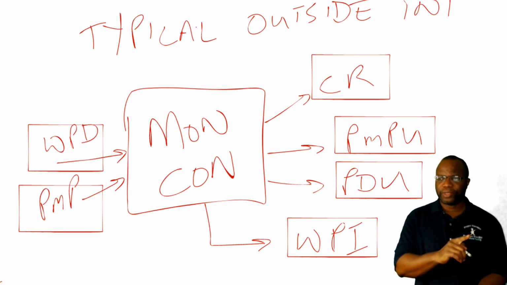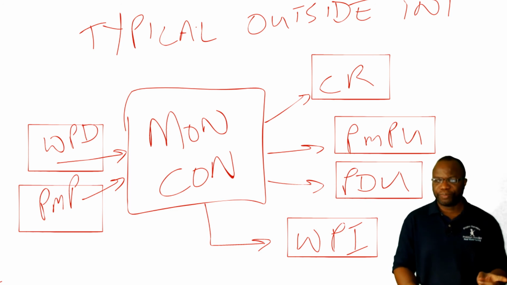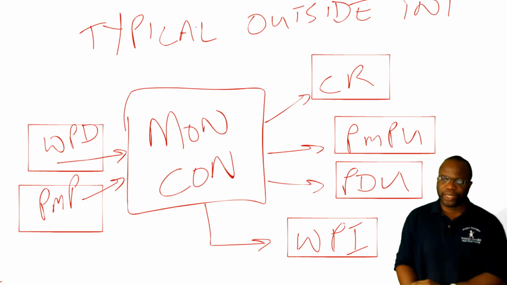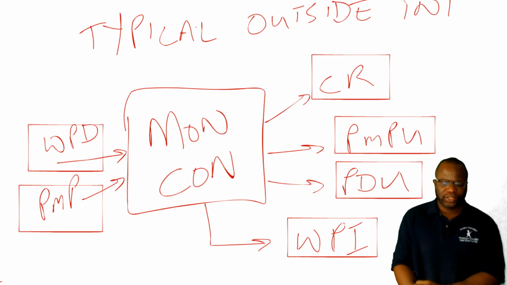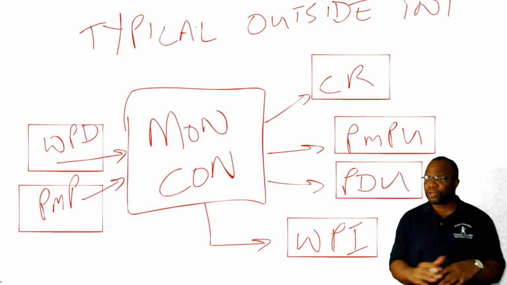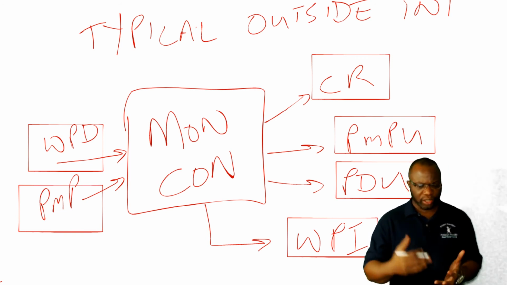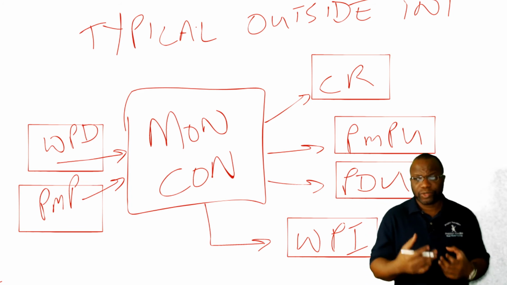And it's not uncommon that all of these updates, all of these PDUs that you can see, project documents updates, project management plan updates, change requests, it's not uncommon. So I'm not saying it's all of them, but it's a general theme. Change requests, PMPU, PDU, WPI coming out of most of them.